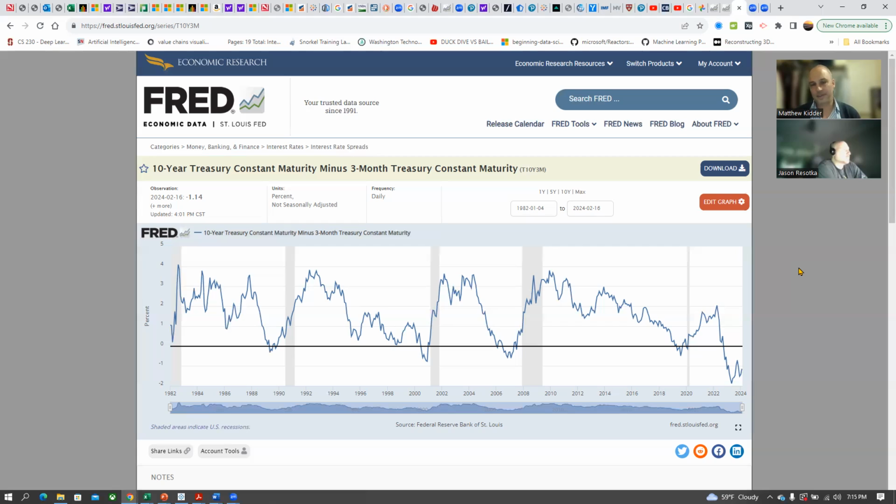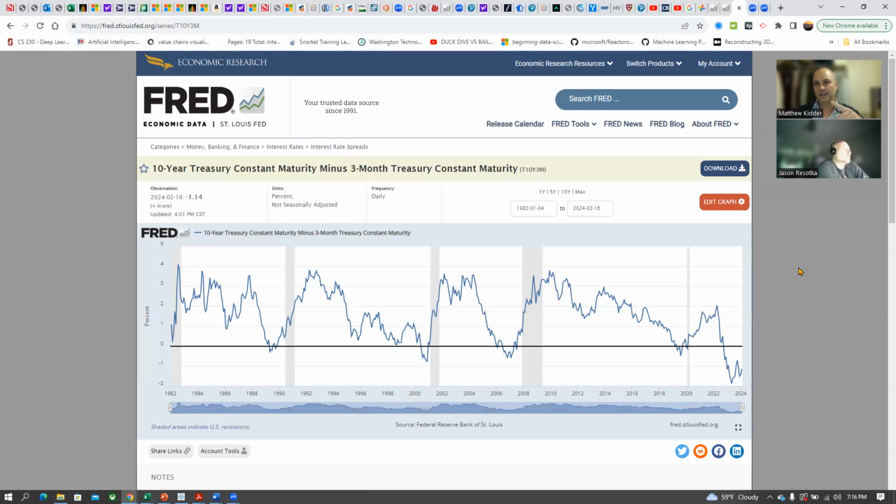So when markets expect cuts to be coming in the future, you actually get longer term rates that are lower than the short term rates.